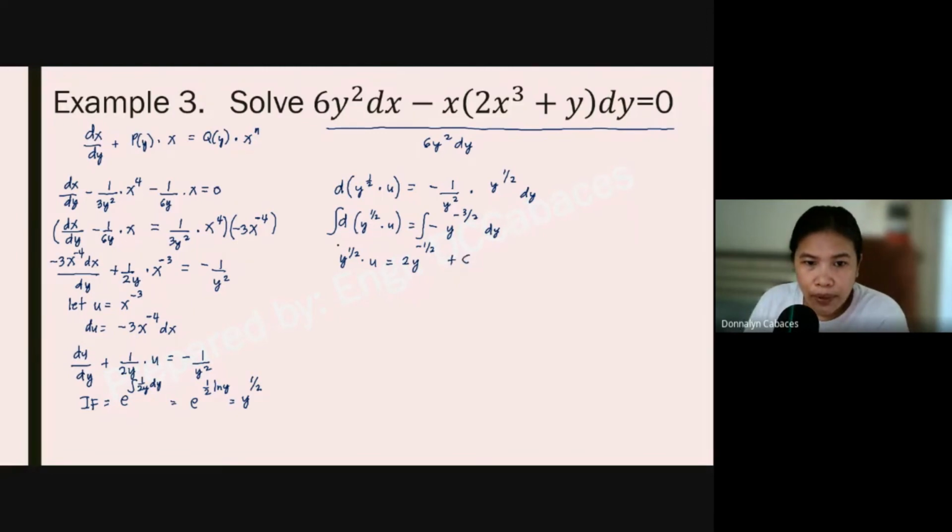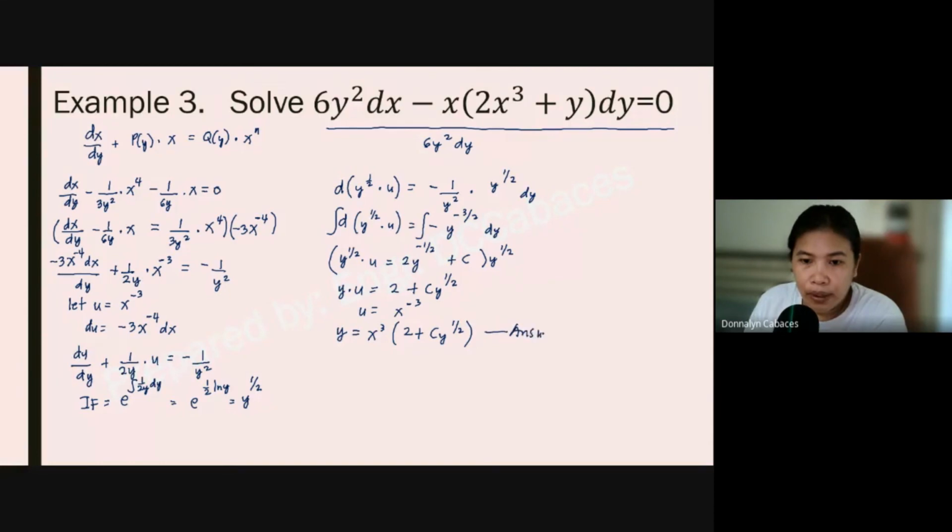If we simplify by multiplying first by y to the 1/2, then you have y times u is equal to 2 plus cy to the 1/2. But what is u? But u is x to the negative 3. Therefore, you have y is equal to x cubed times the quantity 2 plus cy to the 1/2.